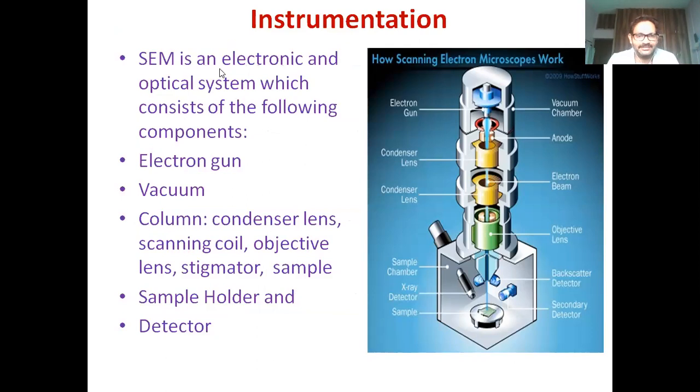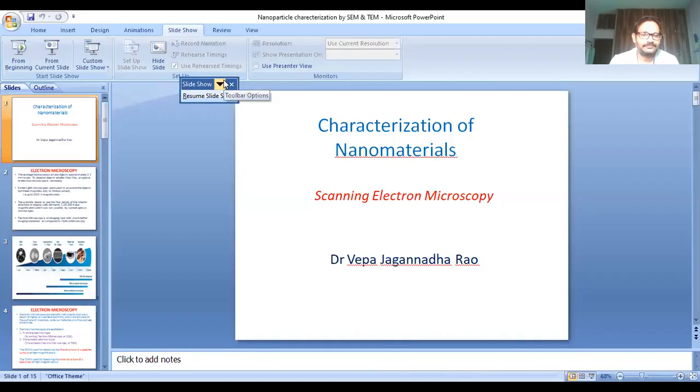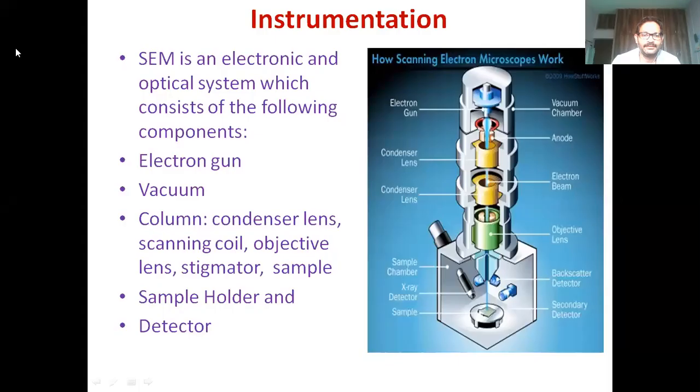The SEM is an electronic and optical system which consists of the following components. First, you normally have an electron gun. Then you have the vacuum. Then a column, so from here to here we'll have a column.